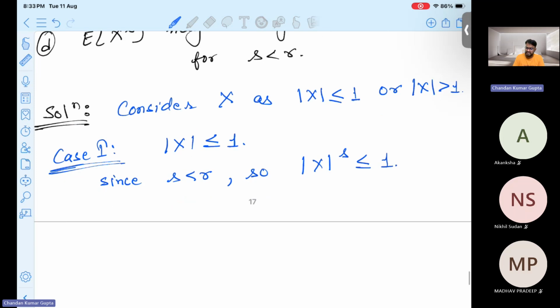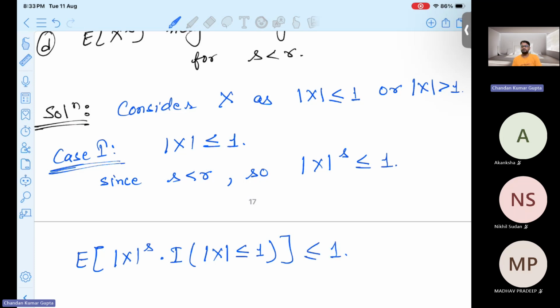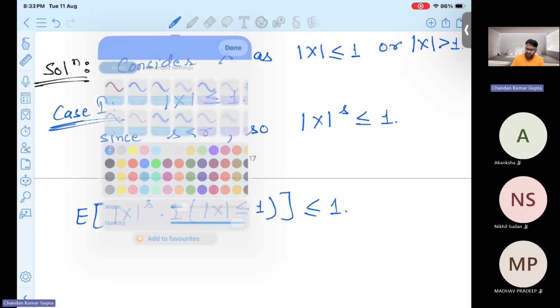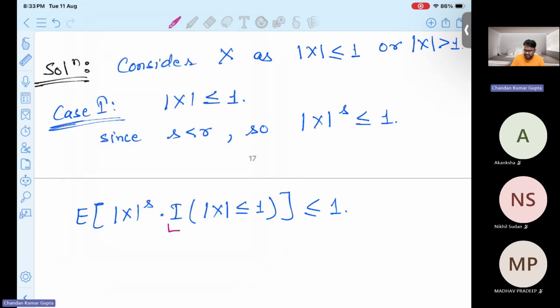So that means the expected value of X to the power S, when we have considered the case where the modulus value of X is less than or equal to 1, is less than or equal to 1. These are just indicators that we have considered this case, and in this case this must be less than or equal to 1.